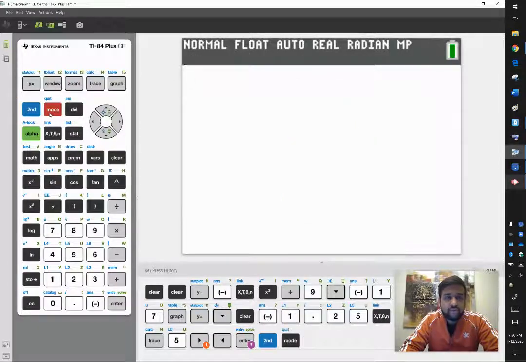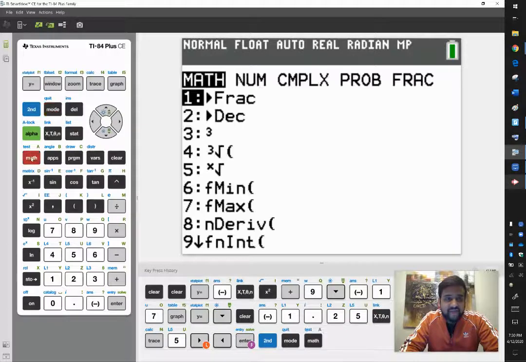Go back to the home menu. As you know, the way to check a definite integral is to go to Math 9.